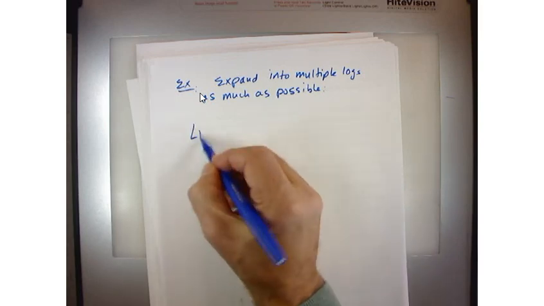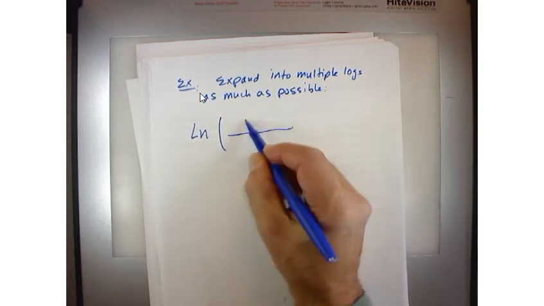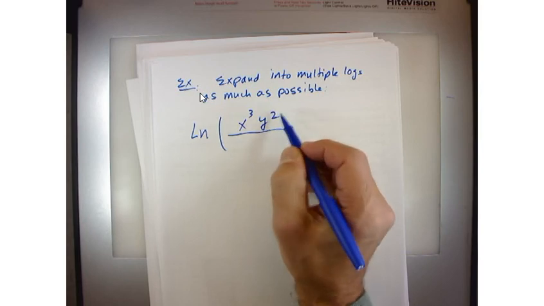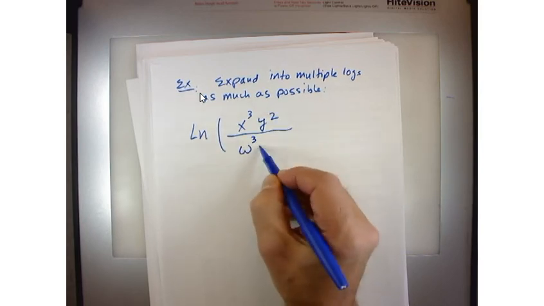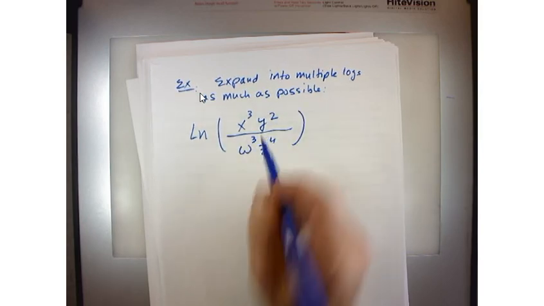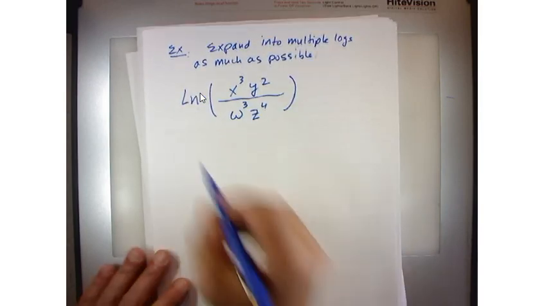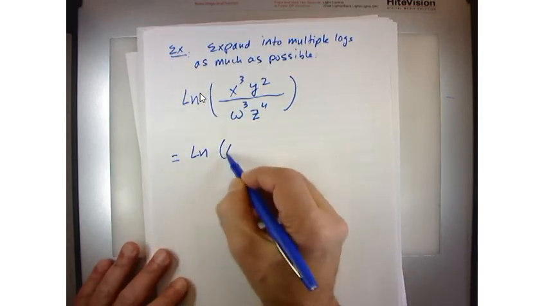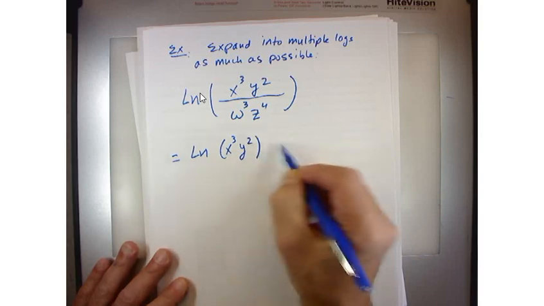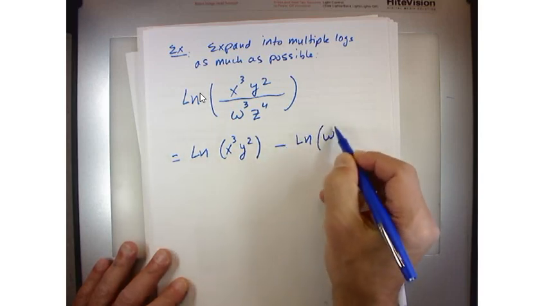So if I have ln of x cubed y squared over w cubed z to the 4, the first thing I want to do is the quotient rule. So I would write this as ln of the top minus ln of the bottom.